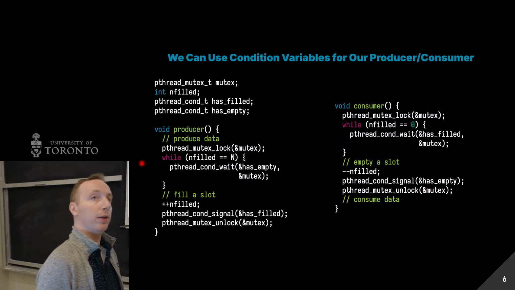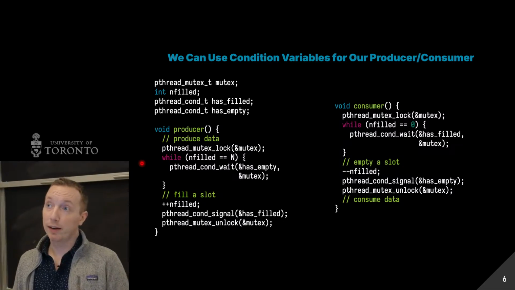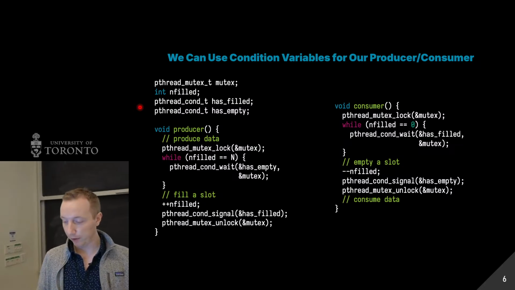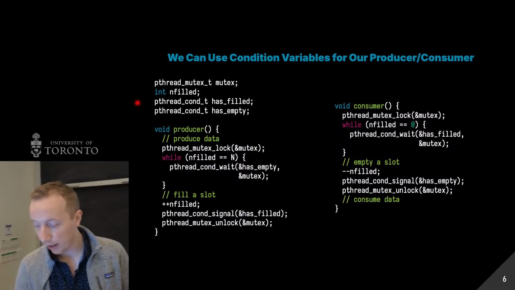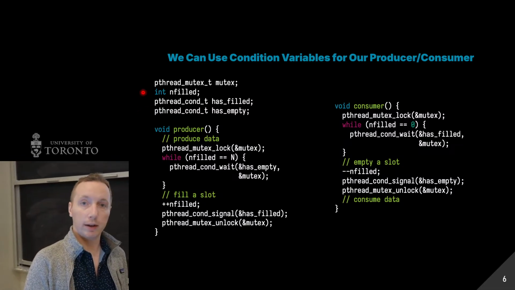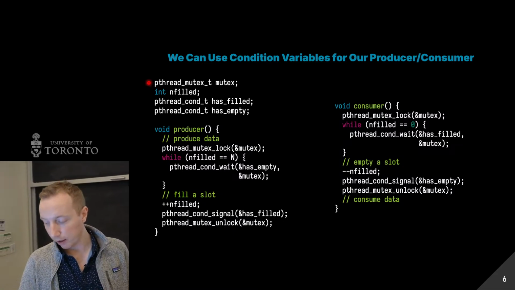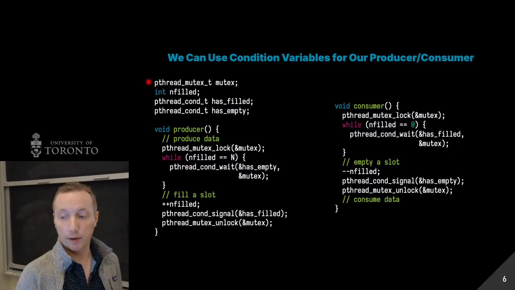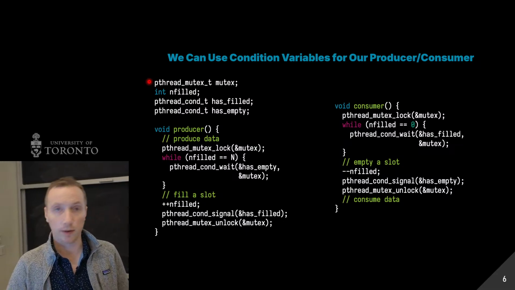Well, if I were to solve this using condition variables instead, I need 2 queues essentially, one of threads waiting for filled slots, one of threads waiting for emptied slots. And then my condition would be just figuring out the number of filled slots there currently are. So initially, there would be 0 filled slots, and I also need a mutex to protect any accesses to that integer that I'm keeping track of the number of filled entries, because we're going to check it and we're going to set it.